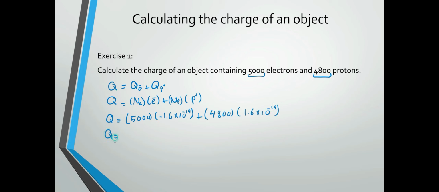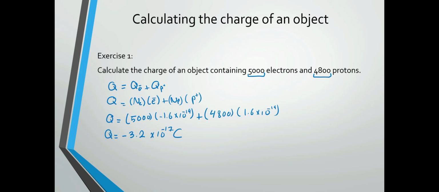Doing the calculation, we will get negative 3.2 times 10 to the power of negative 17 coulombs. We got a total negative charge since the number of electrons exceeds the number of protons.